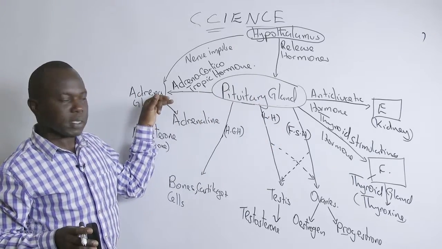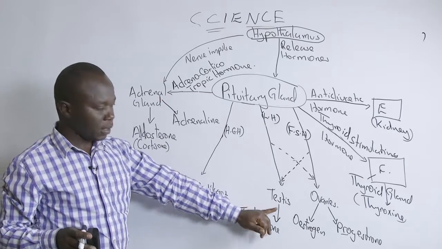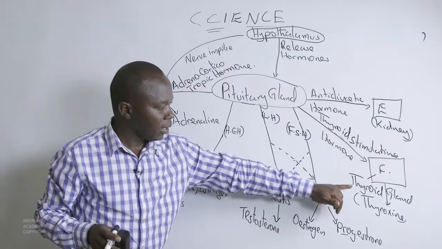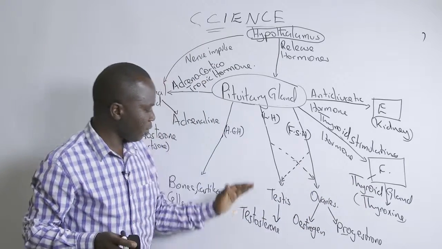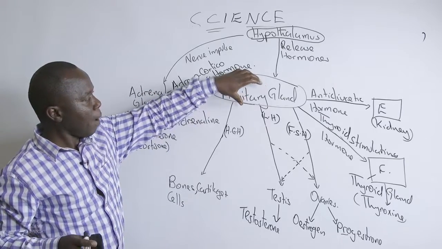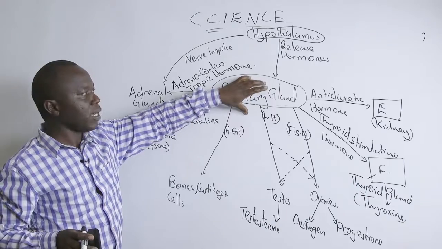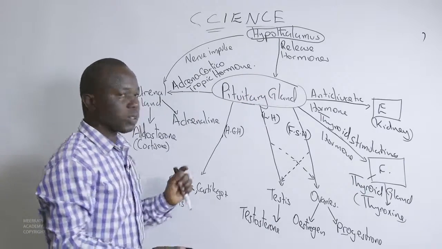One gland that is being directed, adrenal gland. We have testis, ovary, thyroid gland. They are secreting hormones. Therefore, pituitary gland is referred to as a master gland. So that was question 1.